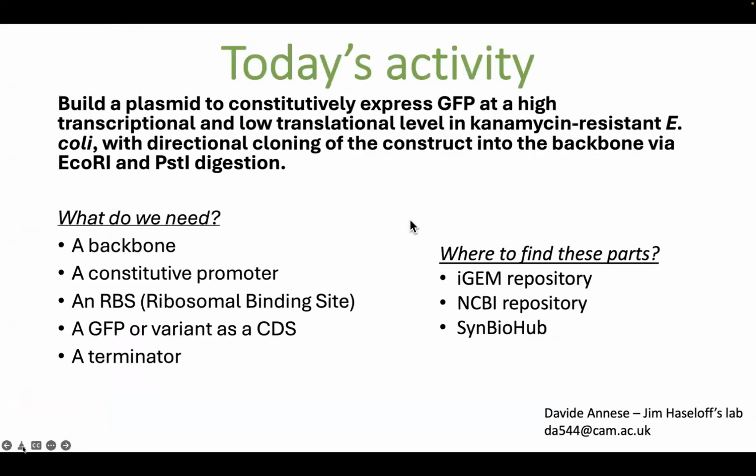So for today's project, we're going to build a plasmid with the objective to constitutively express GFP at a high transcriptional rate, but at a low translational level, in a kanamycin-resistant backbone in Escherichia coli. This has to be done with directional cloning, and the enzymes that we're going to use are EcoRI and PstI, which are 2 of the 4 enzymes involved in BioBricks, which is the standard for iGEM, or used to be the standard for iGEM at least.